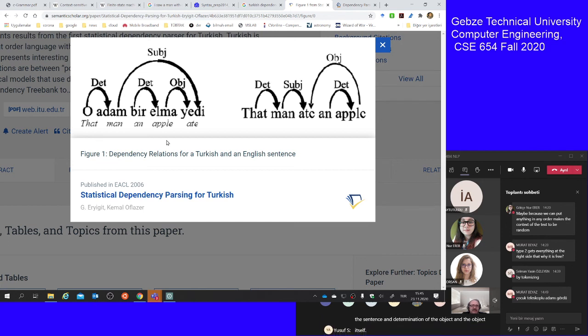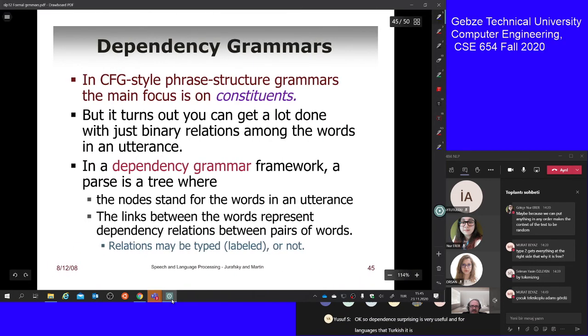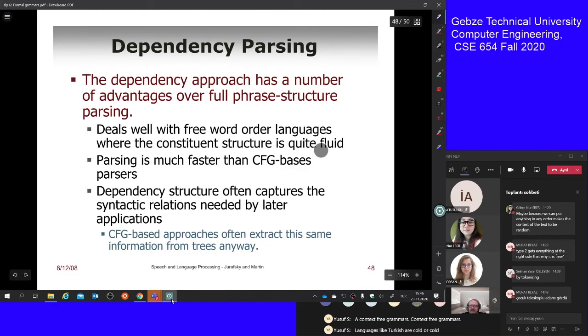So dependency parsing is very useful, and for languages like Turkish, it is much more useful than context-free grammars. Languages like Turkish are called fluid languages. They have free word order structures, and for these kinds of languages, a dependency parser is much better.